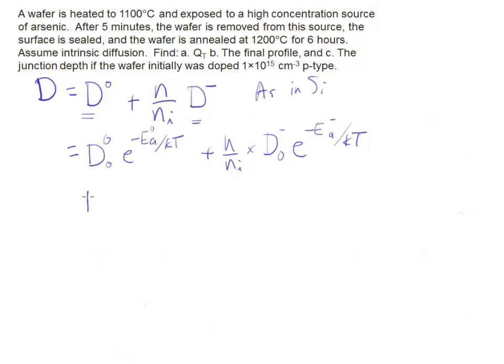Okay, so from the table, table 3.2, we can find that D00 is equal to 0.066, and D0 minus is equal to 12.